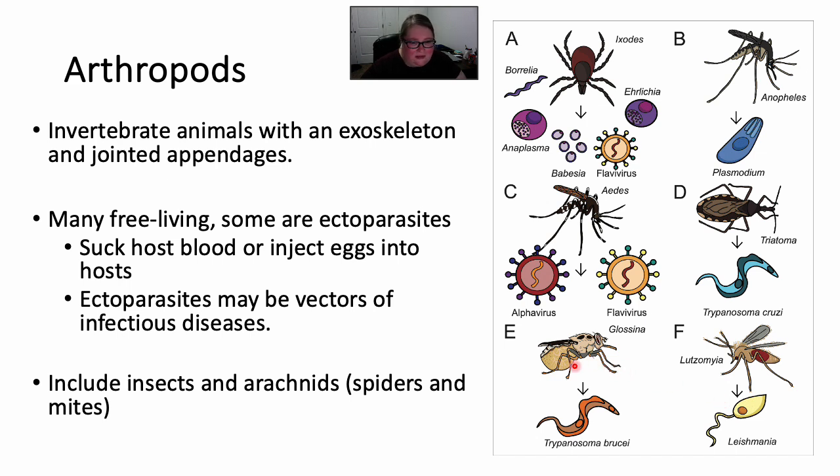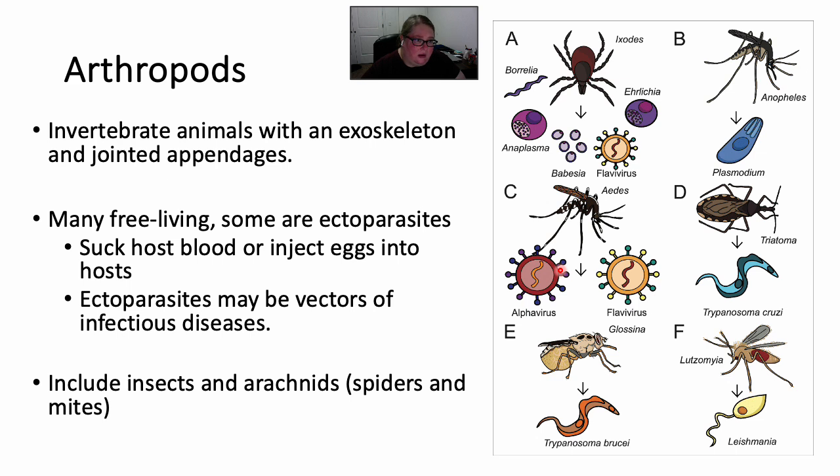We have this fly that is going to transmit Trypanosoma brucei. These are the tsetse flies from Africa. They cause African sleeping sickness. Then we had quite a few different types of arthropod vectors, so insect vectors.